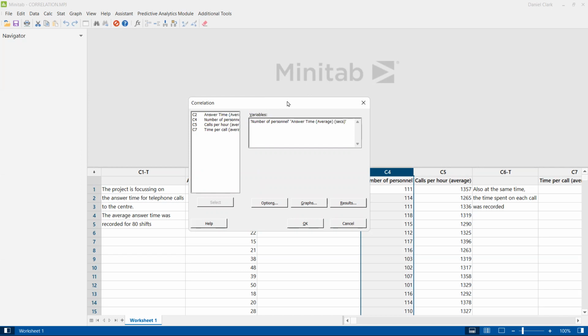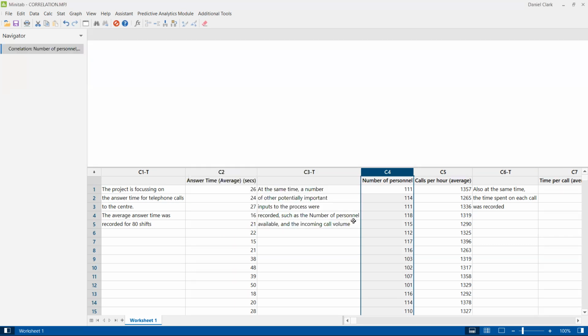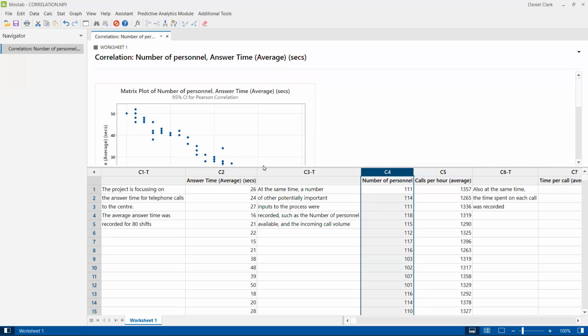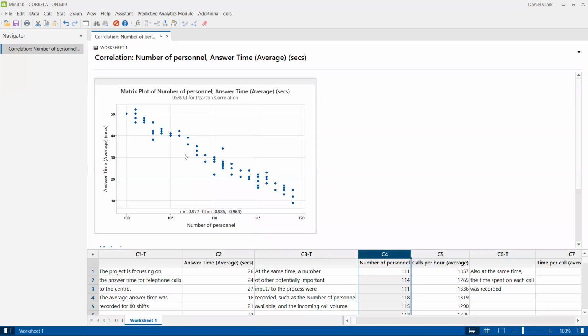We'll go ahead and just do this, and then we'll have to make a change to the default settings to get the information we're looking for. So with number of personnel and answer time selected, click on OK. You can see what it gives us is a scatter plot. Along the x-axis, we've got the number of personnel, and along the y-axis, we've got the answer time.